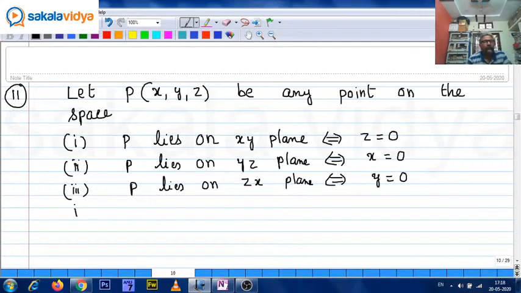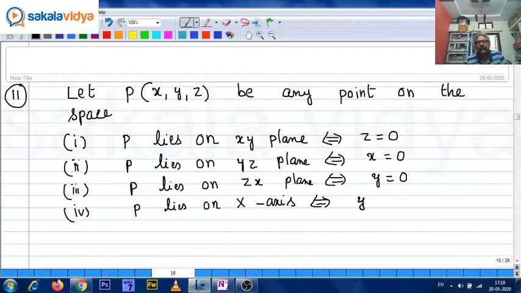For example, the fourth point, P lies on the x-axis, means on the x-axis y is equal to 0 and z is equal to 0. Both are 0. So next, fifth point, P lies on the y-axis.